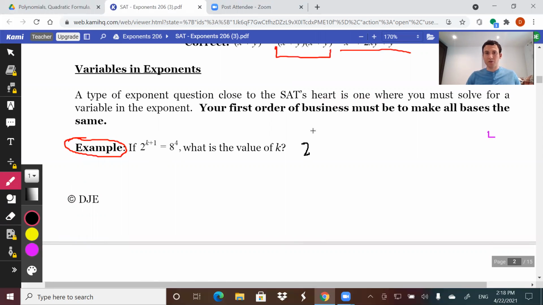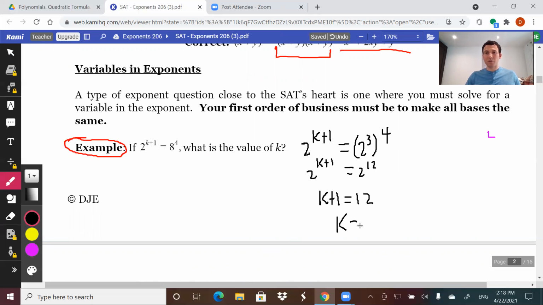So we're going to say 2k plus 1 equals, and we'll call 8 2 to the third, and we'll put that in brackets. Now that we have the same base, we know that 2k plus 1 equals 2 to the 12th. So now that the bases are the same, we know the tops must be equal. So k plus 1 is going to equal 12. K is going to equal 11.